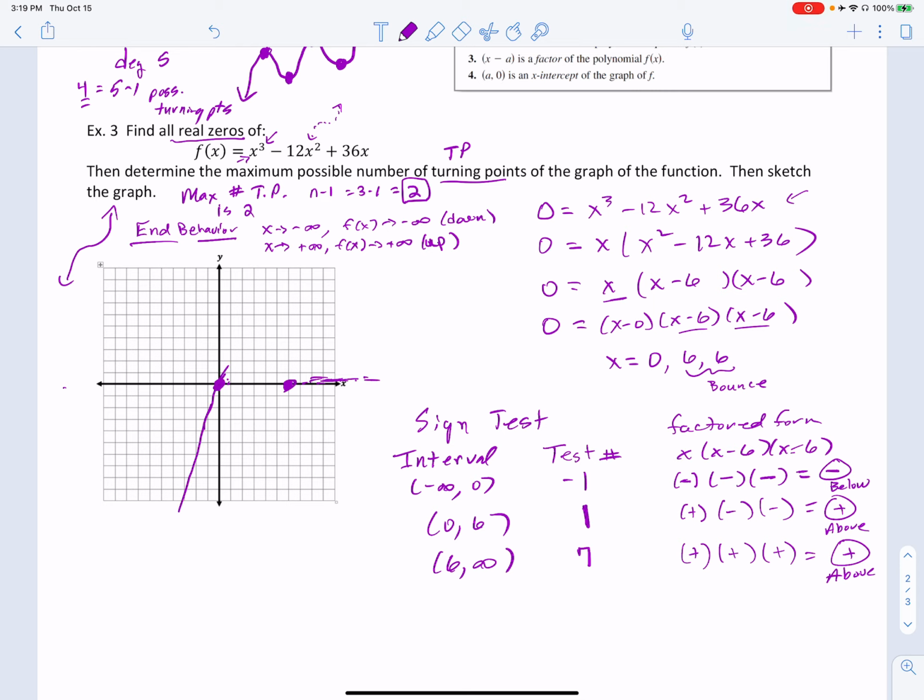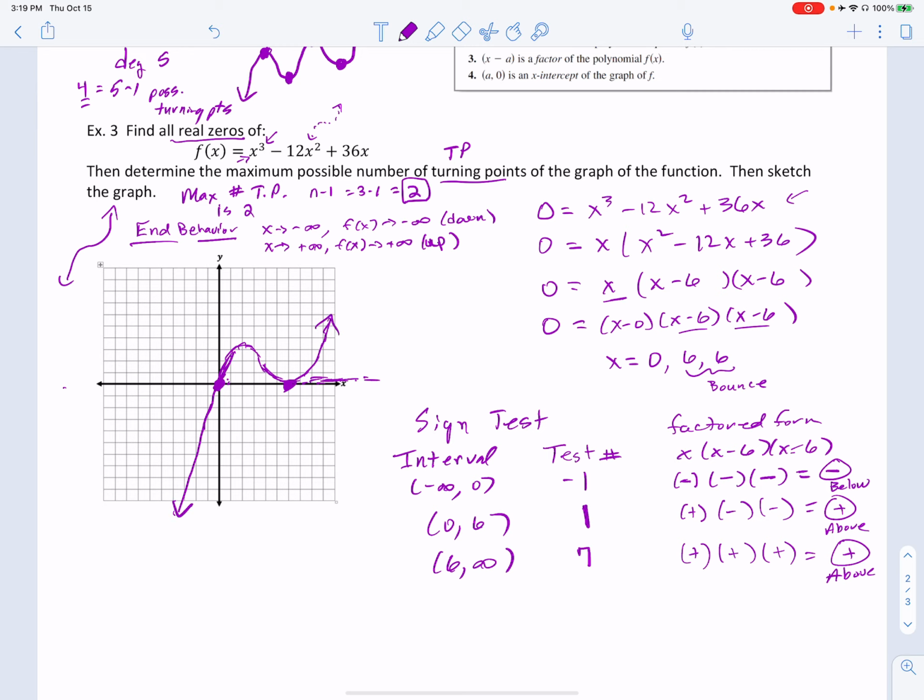Now, it's going to bounce at 6. It's going to come and turn and hit the graph and go back up, but it needs to look like a polynomial, so it needs to be smooth. So as I come up, I need to turn, come down, and just have it touch at 6 and then go back in a positive direction.